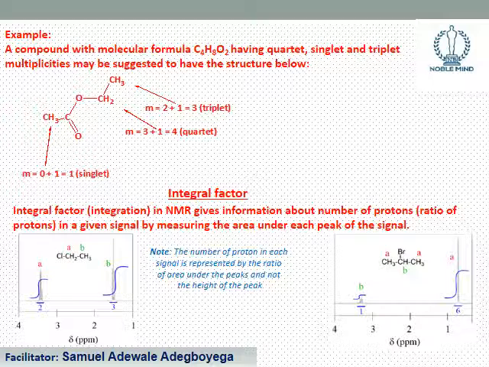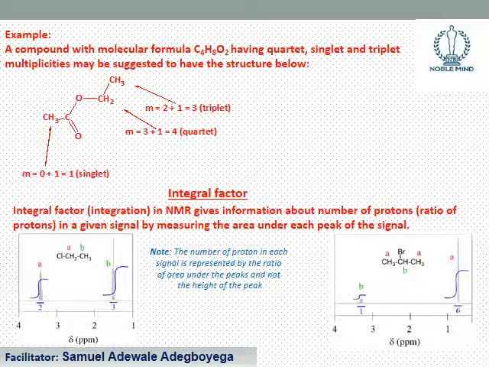Some will say, okay, there are 2 environment A, so 3 plus 3 should be 6. No, it's not like that. We will use integral or integration to know the number of protons. The height or the size of the peak, that this one is taller than this or this one is smaller than this, cannot give you information about the number of protons. It only tells you the nature of the environment.